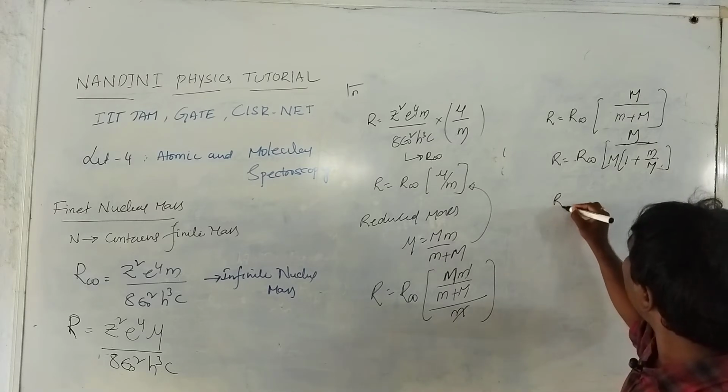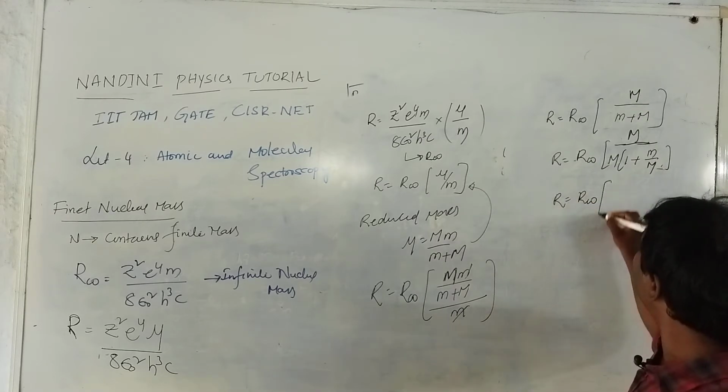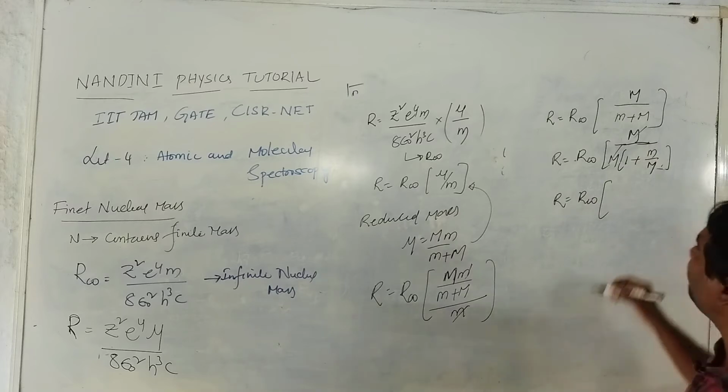Okay, so therefore R is equal to R infinite into, m will be cancelled.